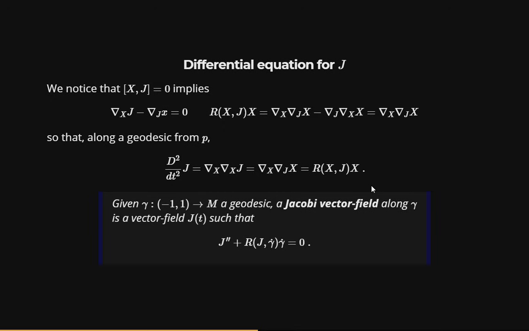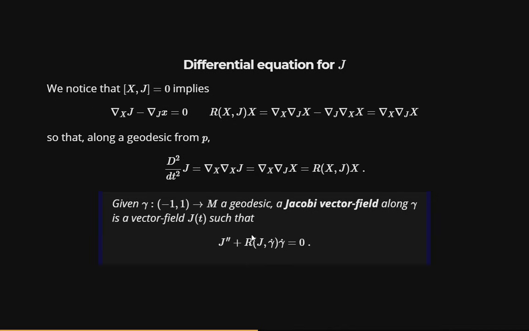Given a geodesic, a Jacobi vector field along gamma is a vector field j of t because it's just along the curve, such that the second derivative along the curve, so j second, plus the curvature, the Riemann curvature tensor in j gamma dot is equal to 0. Notice that here you have the second derivative, but here you have a linear term.